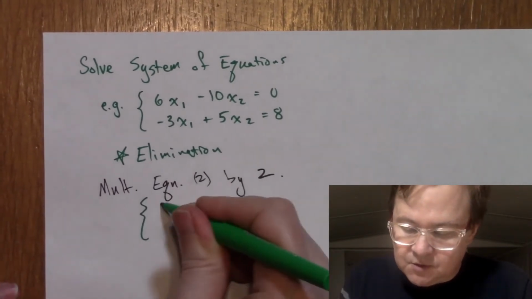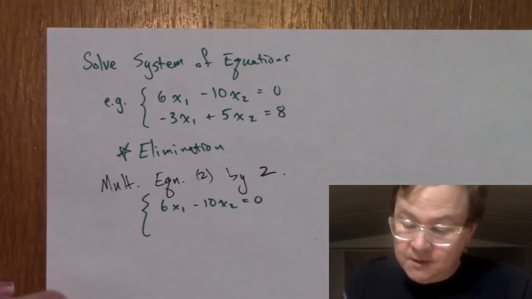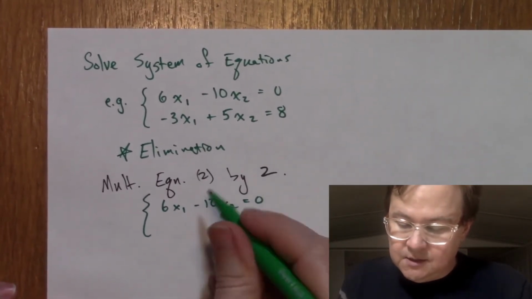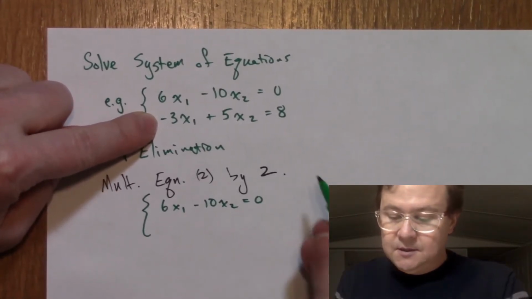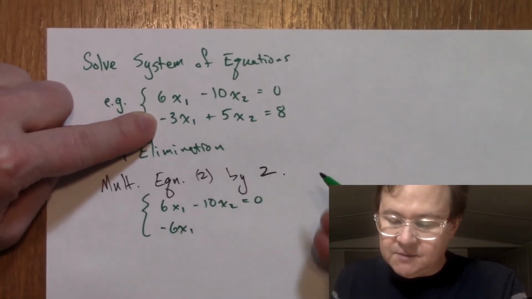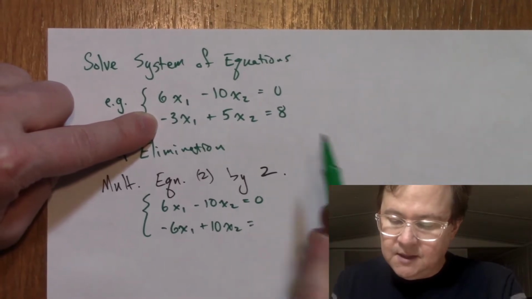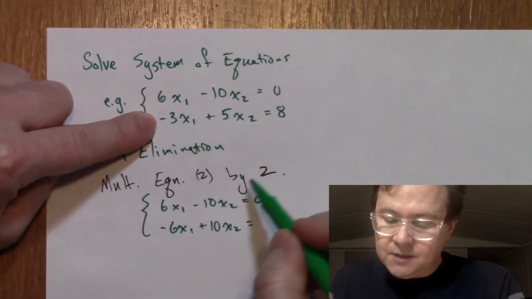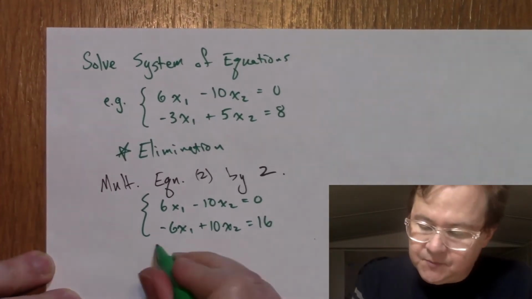So the first equation doesn't change, but the second equation does change. That's negative 3 times 2 is negative 6x1. 5 times 2 is positive 10x2. And positive 2 times positive 8 is positive 16.